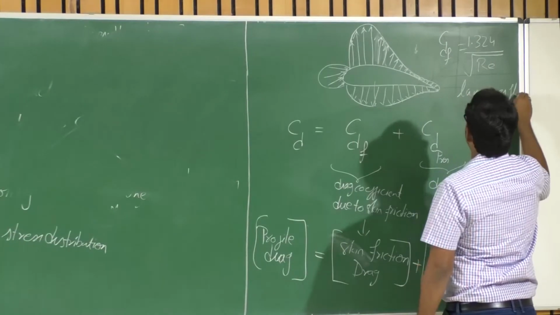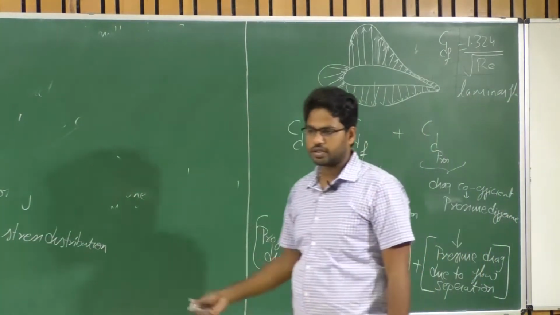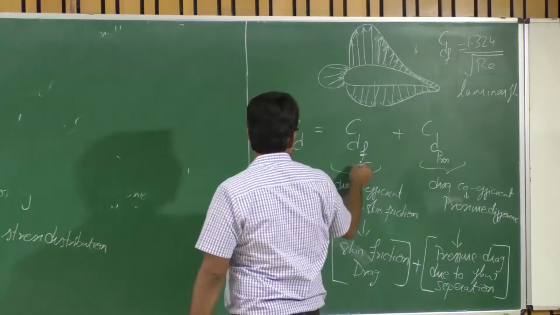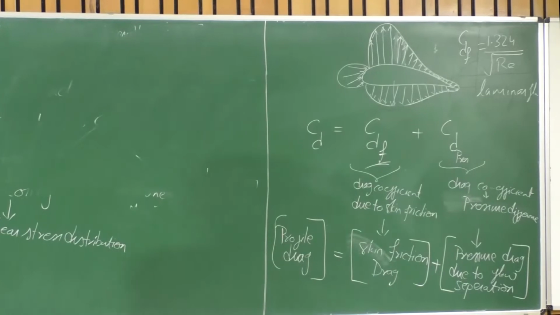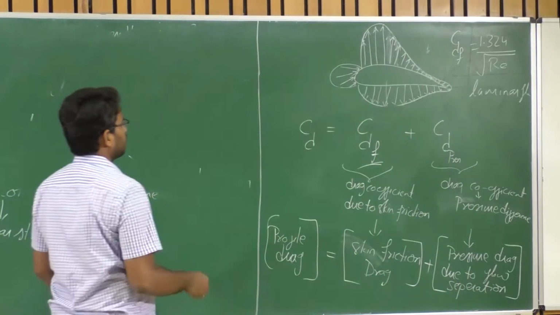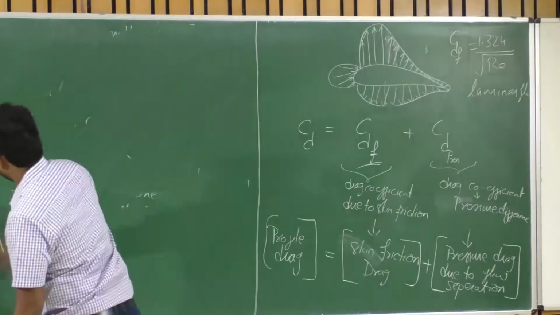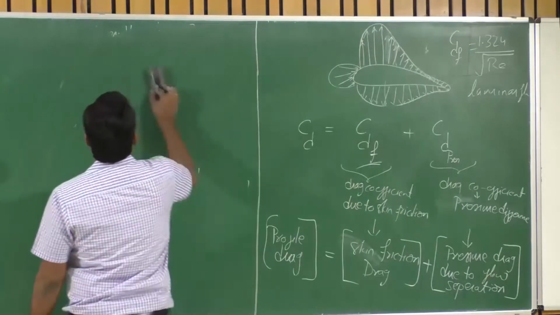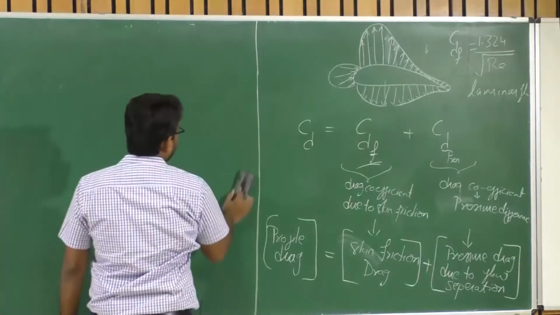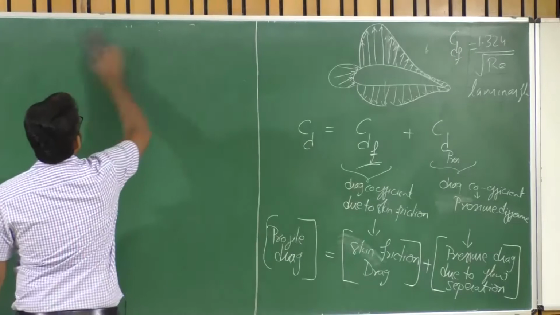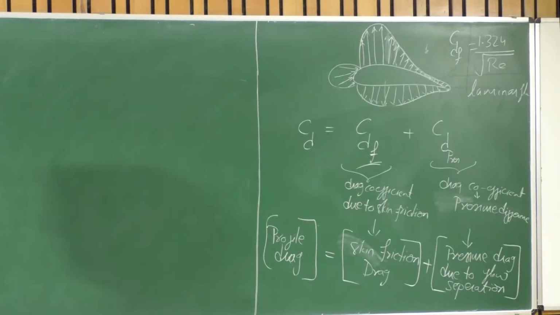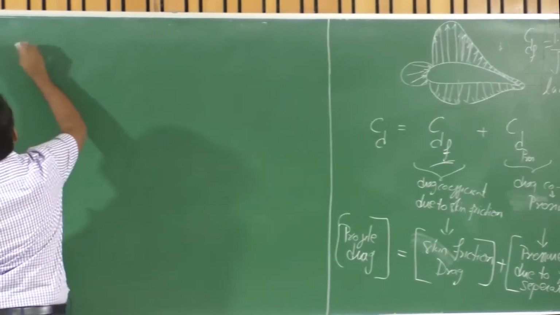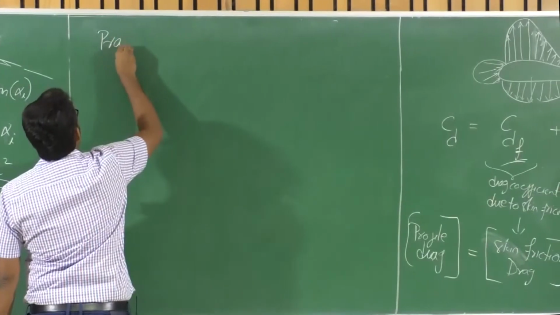If you use this relation, you will be able to estimate the corresponding drag coefficient due to skin friction. That's an approximation that we are using. That's an analytical relation for the flat plate. So these three put together are called the parasite drag coefficient.